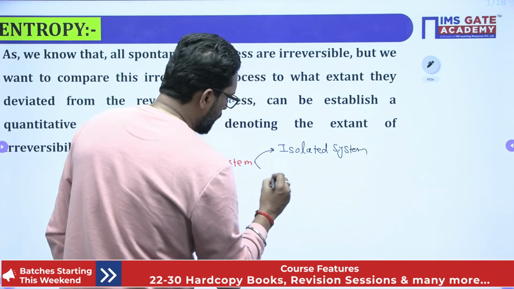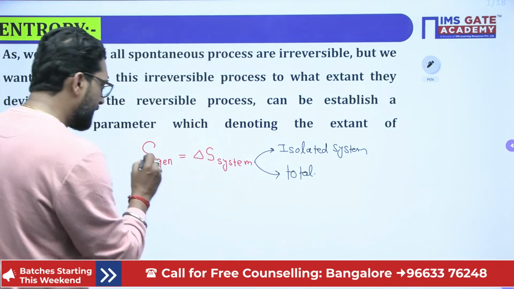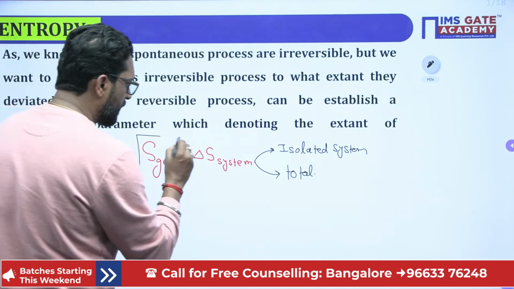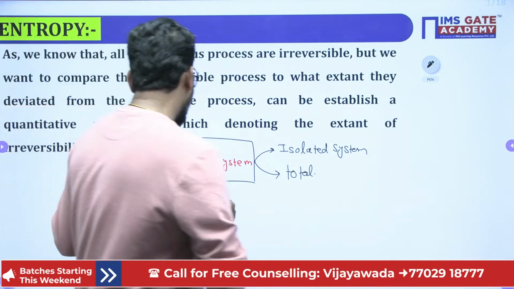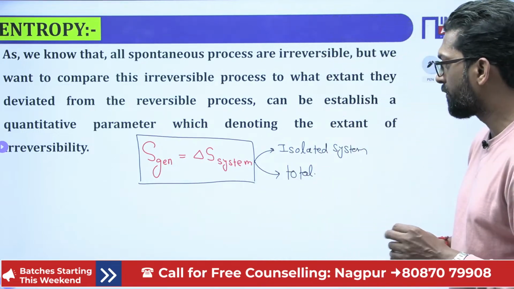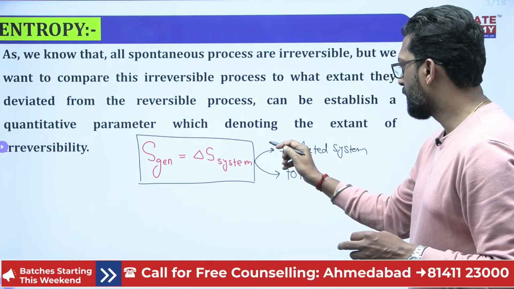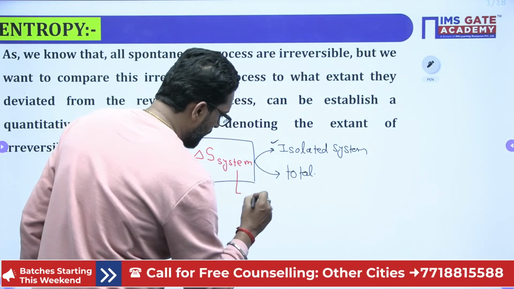Where the entropy generation is equal to the change in entropy of the system, that system is an extended system.